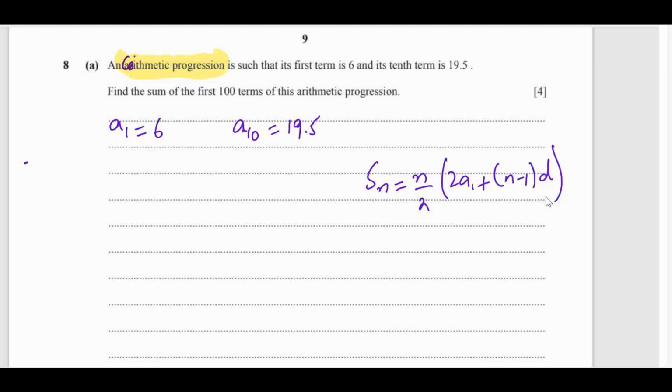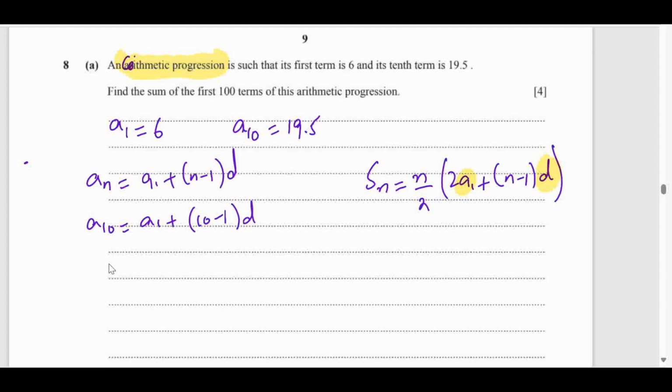First of all we need to find out the value of d, because we know the value of a but we don't know the value of d. So for the difference we can use this term: an is equal to a1 plus (n minus 1) into d. Now if n is 10, we can write this as a1 plus (10 minus 1) into d.